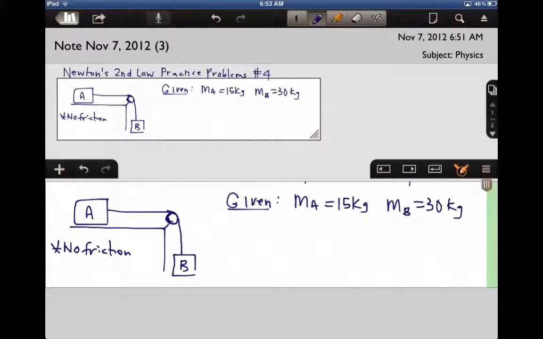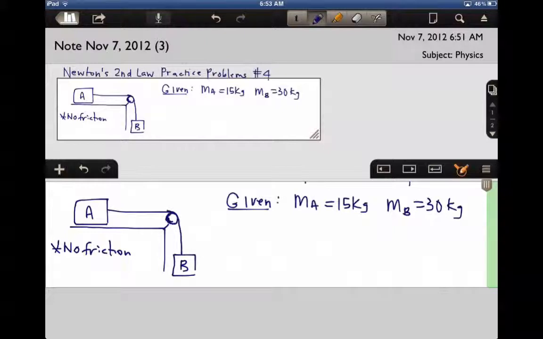Before we start solving and analyzing the system, I want to point out what's really going on here. When this system is released, the weight of B will pull the entire system, meaning A and B, down to the right.